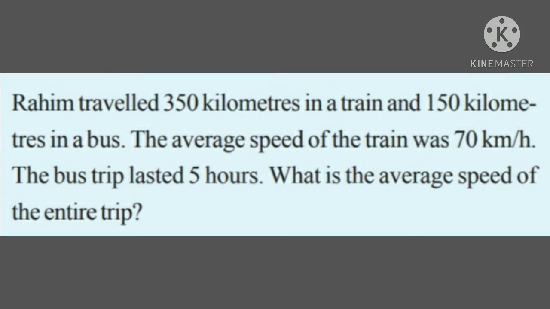Next question. Rahim travelled 350 kilometers in a train and 150 kilometers in a bus. The average speed of the train was 70 km per hour. The bus trip lasted 5 hours. What is the average speed of the entire trip?